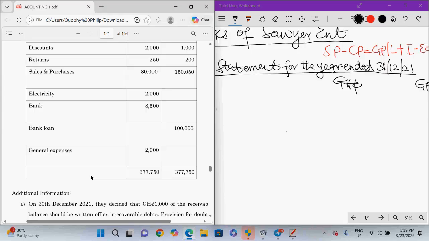I saw this somewhere. Let me go and check. With that, you can just easily verify it. But if you don't check and you are just picking the items randomly, so you just come and pick electricity, now you come and pick bank loan, now you come and pick general expenses, then you leave. No.